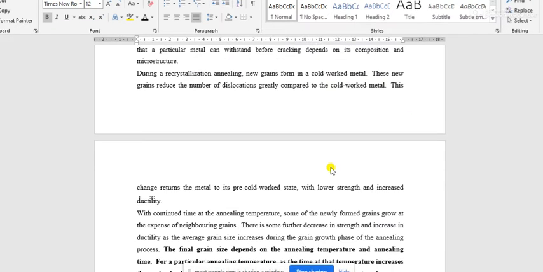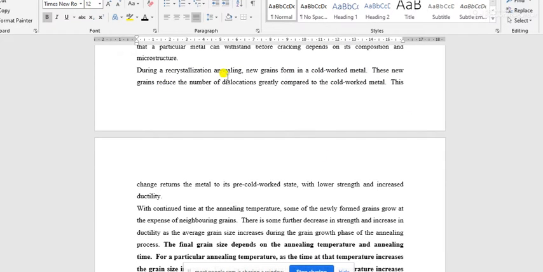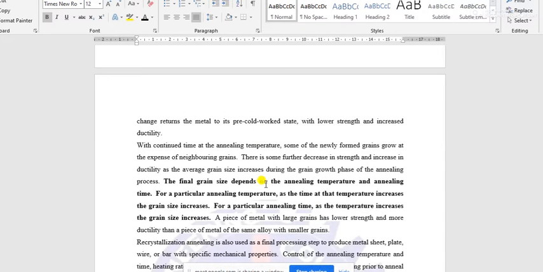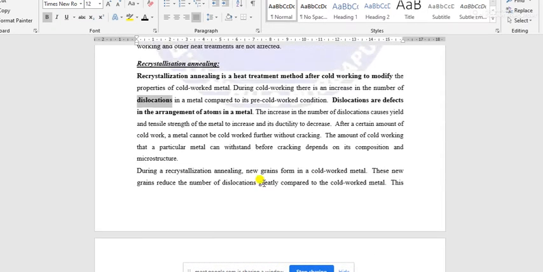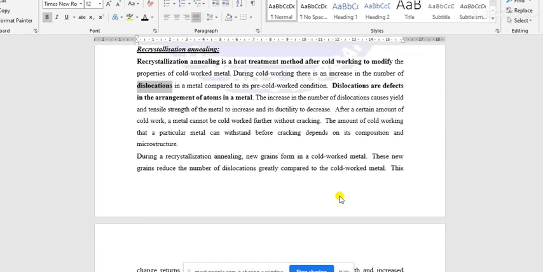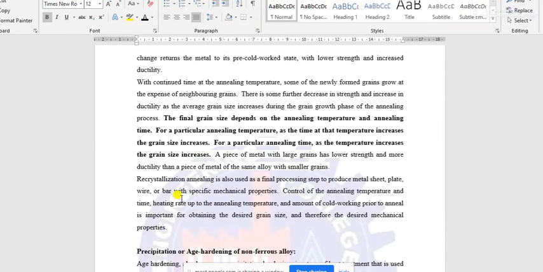After recrystallization annealing, new grains are formed to fill the empty space due to this dislocation, and that's how the recrystallization method helps to decrease the dislocation or this kind of defects in the metal.